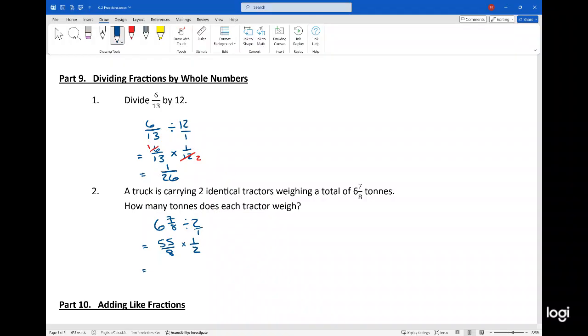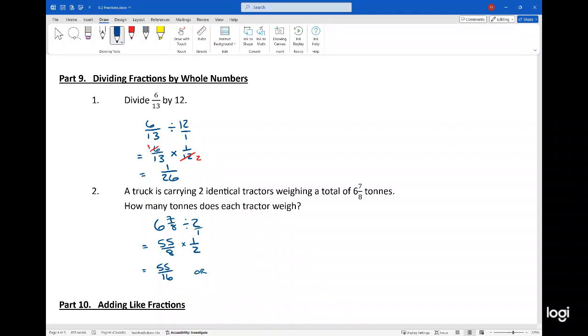Now this one, unfortunately, the 8 and the 2 are both divisible by 2, but they're both on the bottom, so we can't do any cancellation. This one's just going to be 55 over 16. And if you want to put that in mixed numbers, you can, but you don't have to.